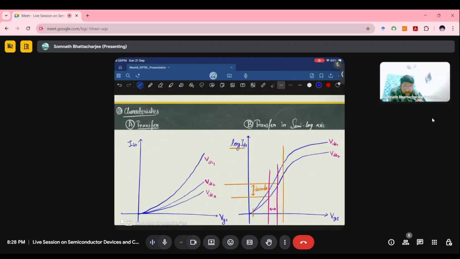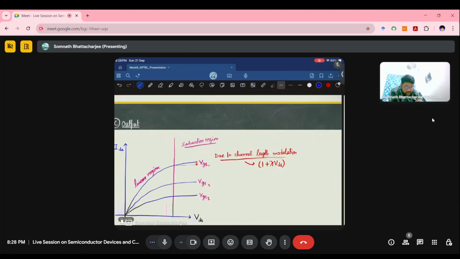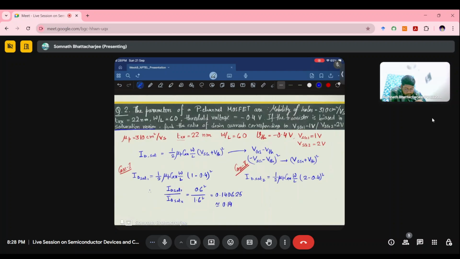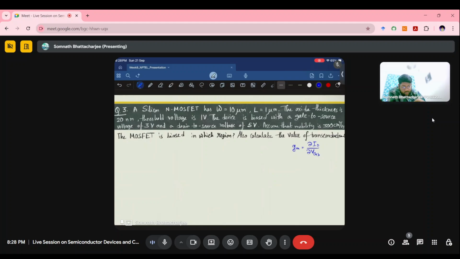We have this ID versus VGS curve, that is the transfer curve, and the slope of this transfer curve is exactly the value of transconductance. So just put the values here and you can get the values, and try to find out in which region the device is working. Take 3-4 minutes and try to solve this.